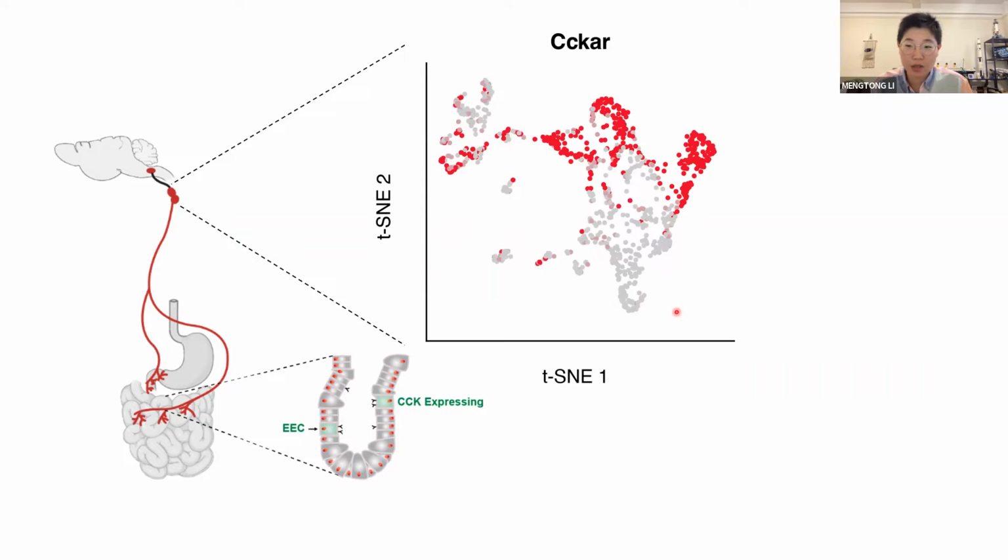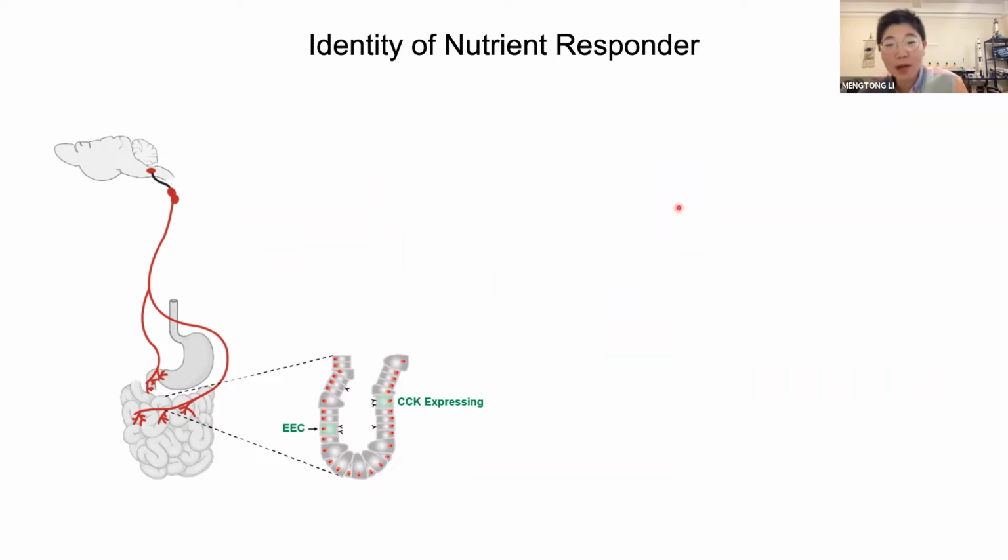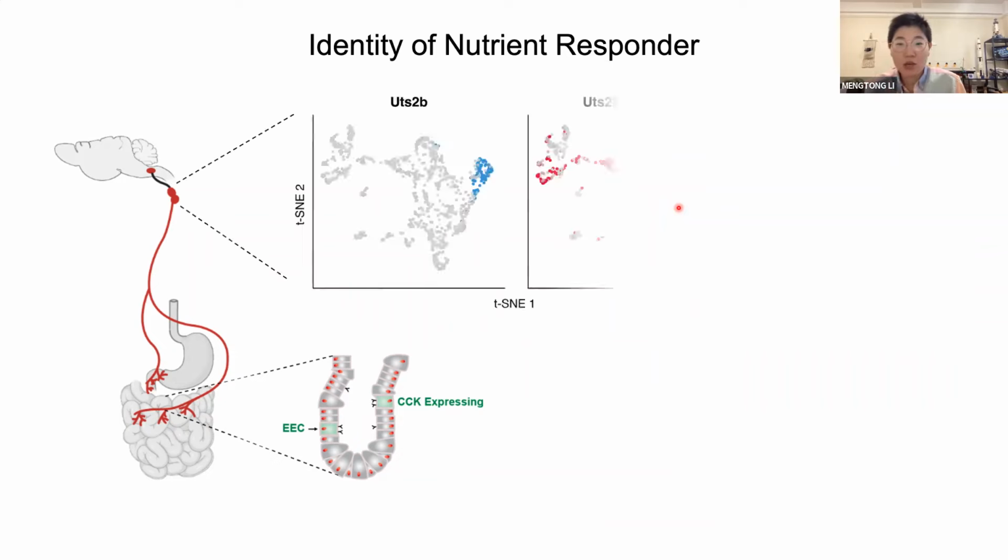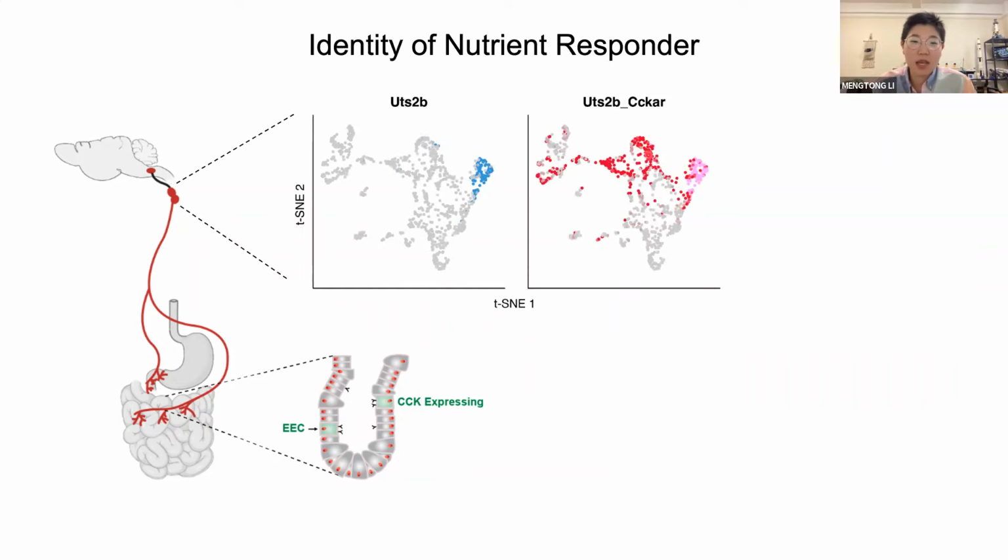This graph plots the transcriptome of the mouse vagal neurons, and the red color labels the CCK receptor-expressing ones. We identified a unique subset of the CCK receptor-expressing vagal neurons marked by urotensin 2B, UTS2B.